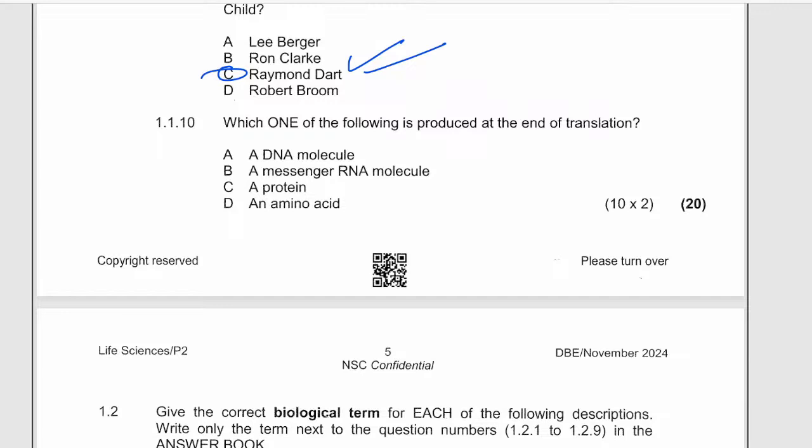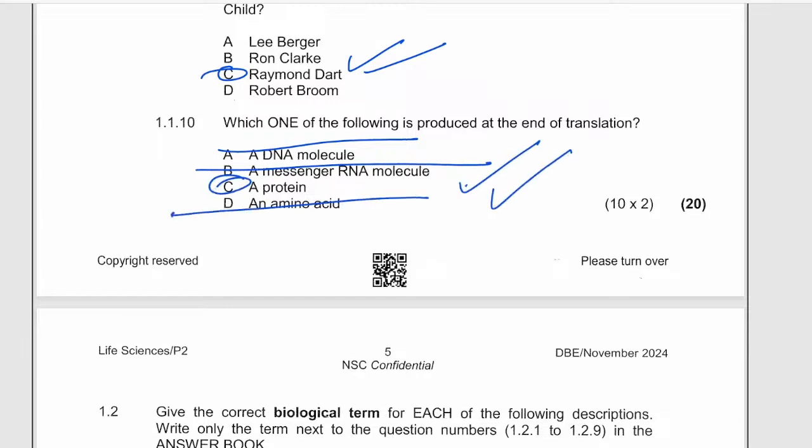So if I see a protein or a polypeptide chain, I go with that answer. So A out, B out, C correct, D out, meaning that C becomes the most correct answer. They say translation. They are not saying transcription. Transcription is the formation of the messenger RNA.